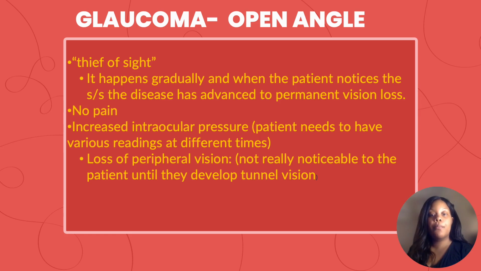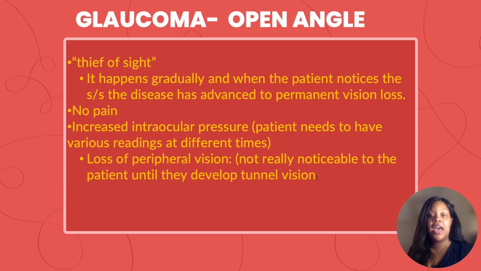So let's talk about open angle glaucoma signs and symptoms. This is referred to as the thief of sight. Why? Because it is usually asymptomatic in the early stages. It happens gradually over time, and when the patient starts to notice signs and symptoms, it is already far gone, right? This patient won't complain of any pain from increased intraocular pressure.